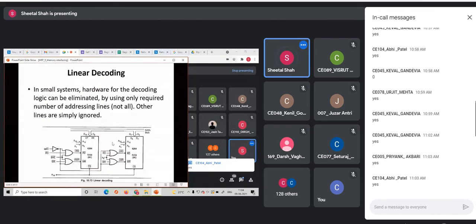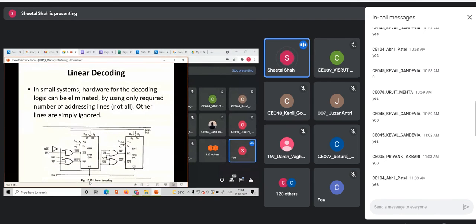Other ICs can have A18 as the select line. In that case, we have only A14 to A19, so that is the limitation of the circuit. Say suppose one more such set is used and connected to the A18 address line.